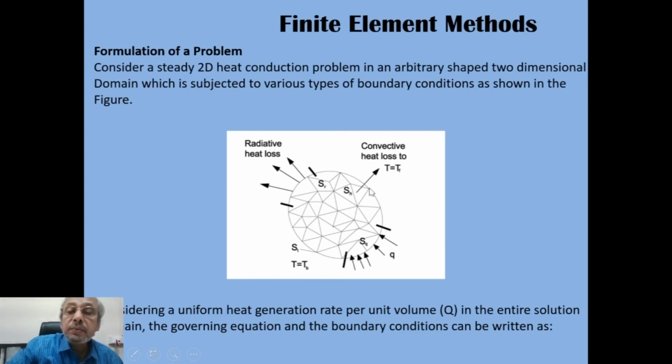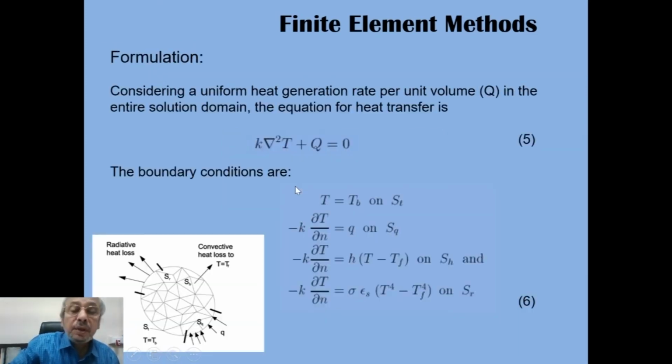Similarly, another part of the boundary is basically a convective boundary. That means energy is lost to the local ambience, which is at a lower temperature. And this part of the boundary is subjected to radiative heat transfer, radiative heat loss. We'll explain it a little more mathematically here. So the governing equation is K del square T plus Q equal to 0, where Q is the volumetric heat generation rate and K is the thermal conductivity.